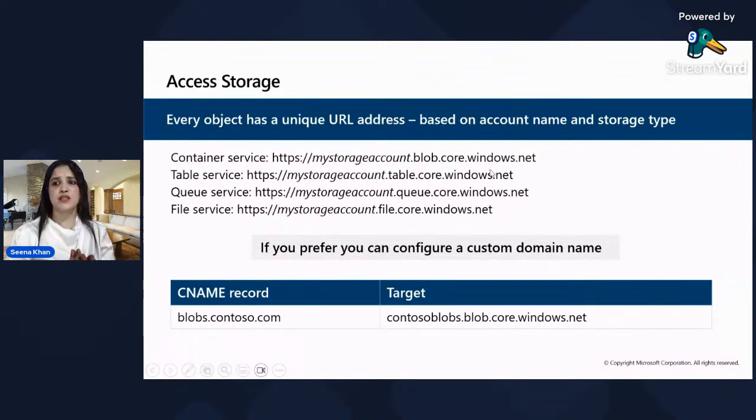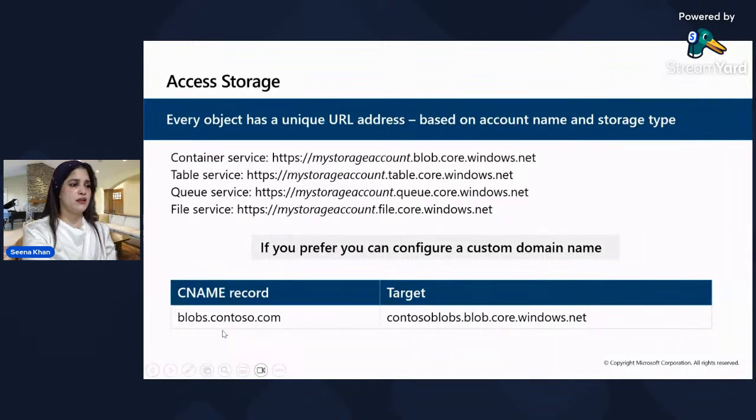You can also use the web endpoint, which is generated as a part of static websites. So if you map a custom domain and a subdomain, for example www.contoso.com, to the blob or web endpoint for your storage account, your users can use that domain to access the blob data in your storage account.